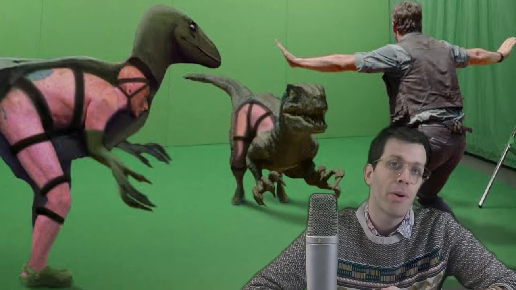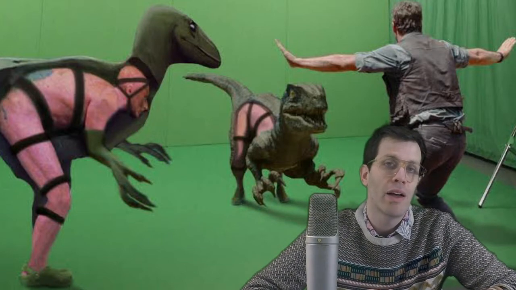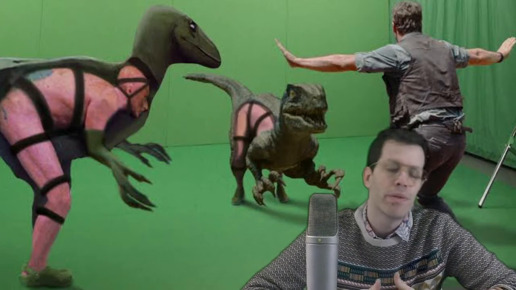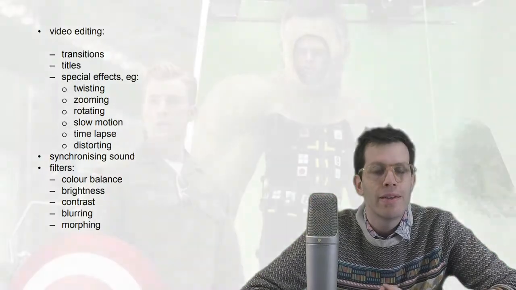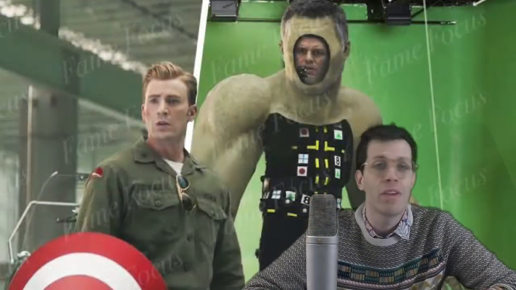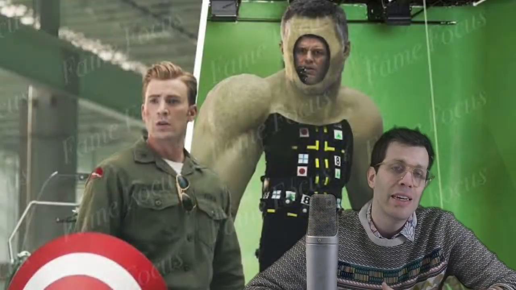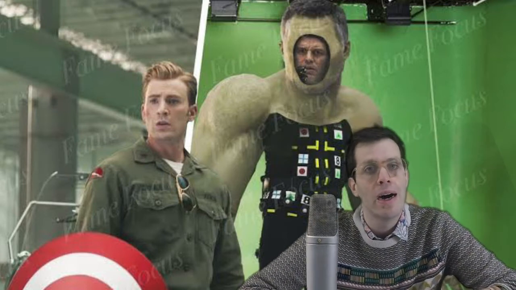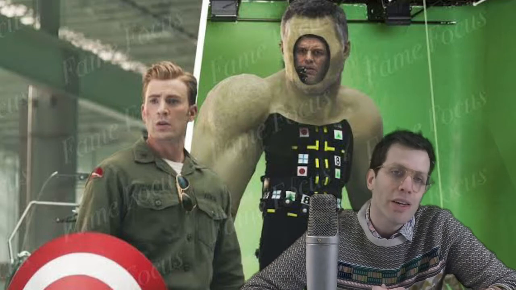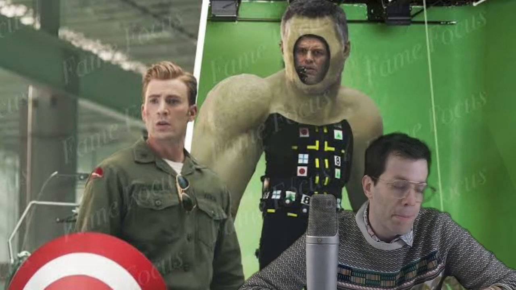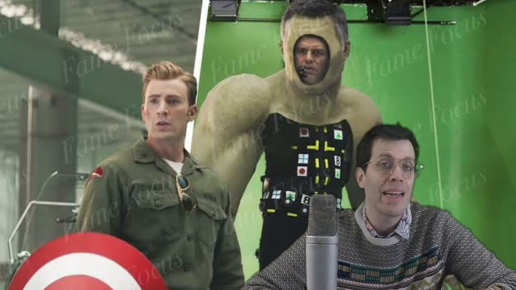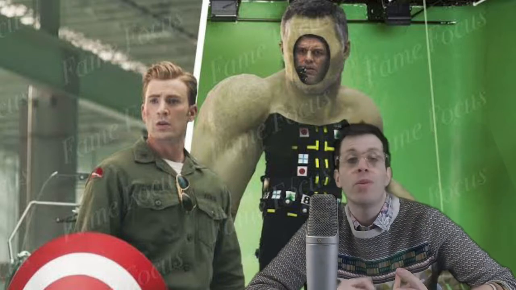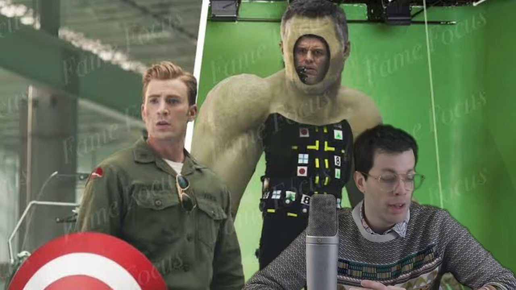So for example, if I'm looking at a green stick that is supposed to be the Incredible Hulk, it's hard for me as a person to act convincingly towards that stick and then put the character in afterwards. There are ways around that, but sometimes it's better to use green screen and chroma keying, other times it's better to use practical effects, and sometimes it's really good to do a combination of both.